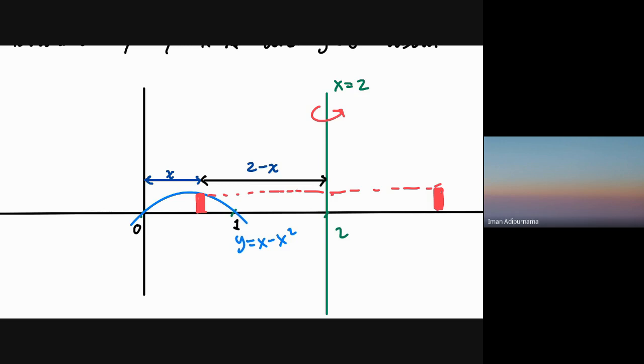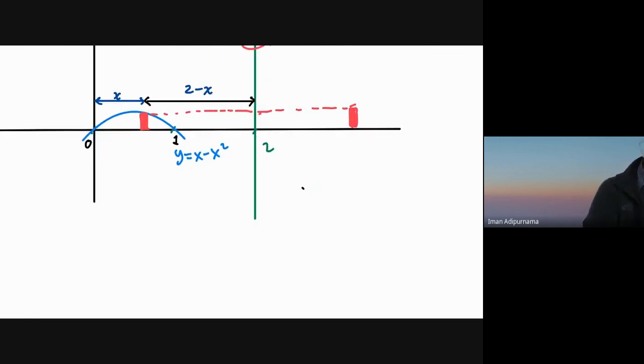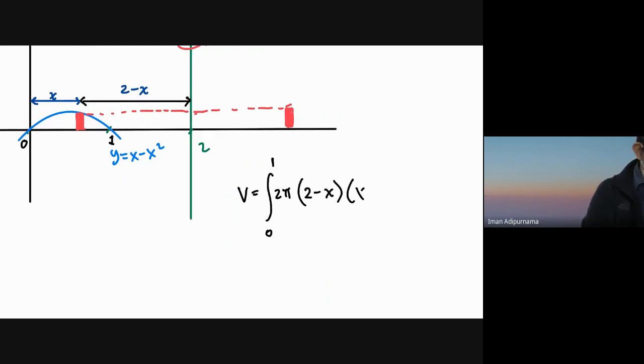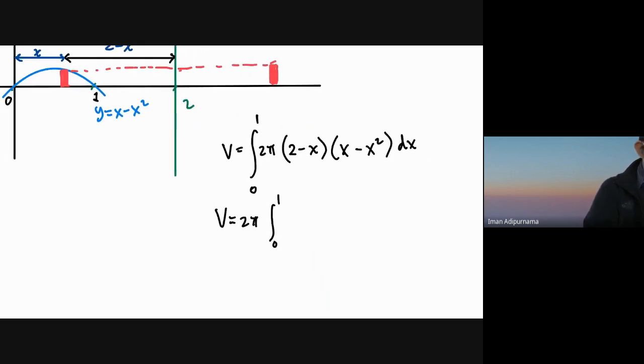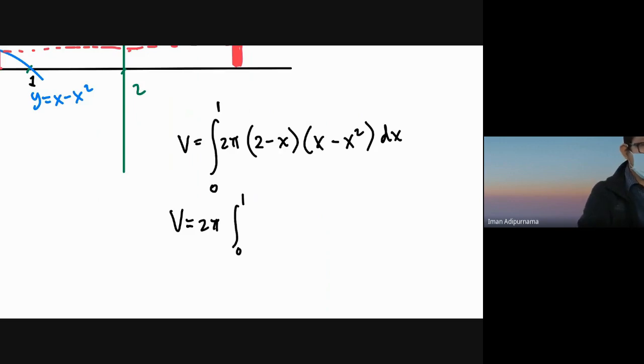And we can write down the formula for the shell. It's from 0 to 1, 2 pi. The radius is 2 minus x. The function is x minus x squared. I'm going to solve this.